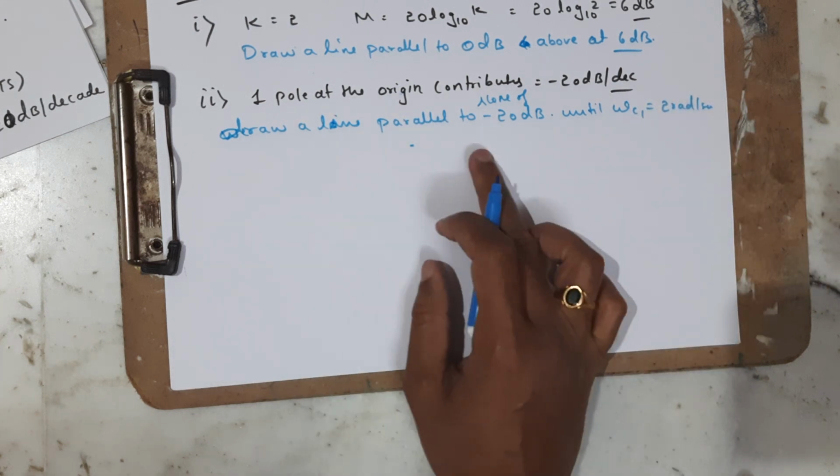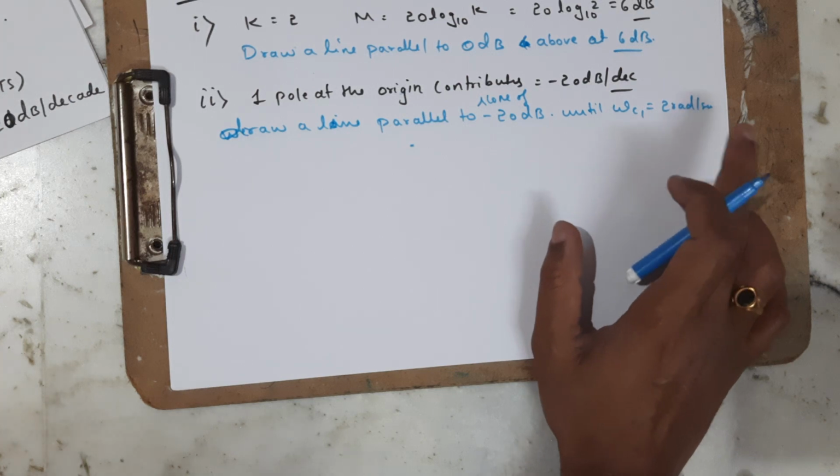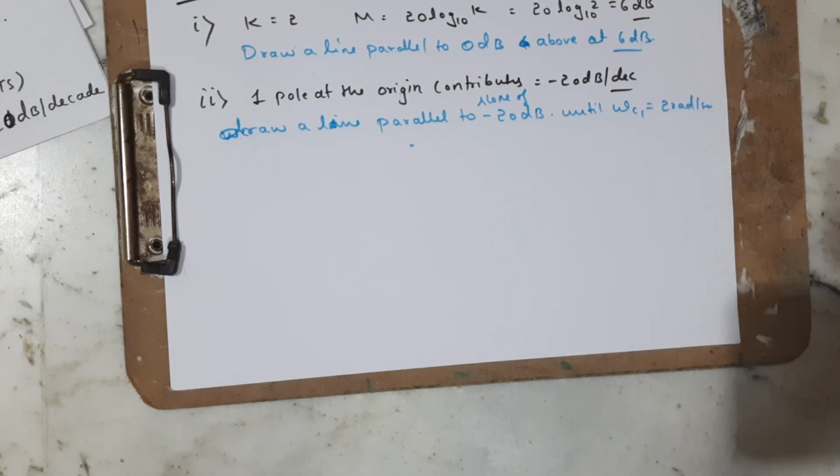So we are going to draw a line parallel to minus 20 dB until omega C1, 2 radians per second. How to do it? Let me show you.